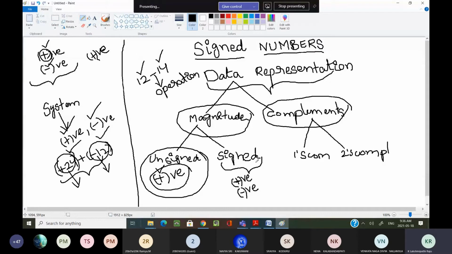This signed representation, in another way, we can also call it signed magnitude representation. Please note down all these points in your running notes or in your notebook. Signed magnitude representation.